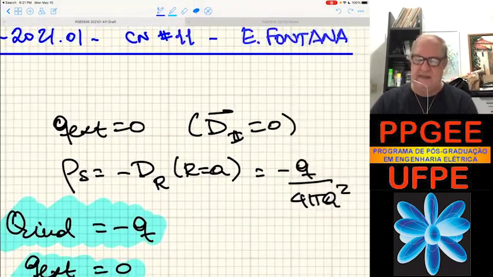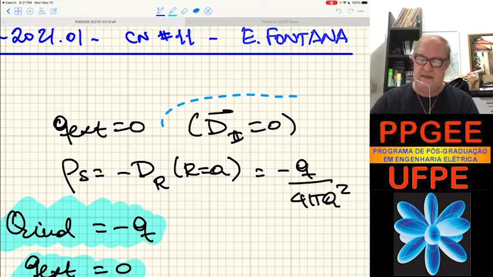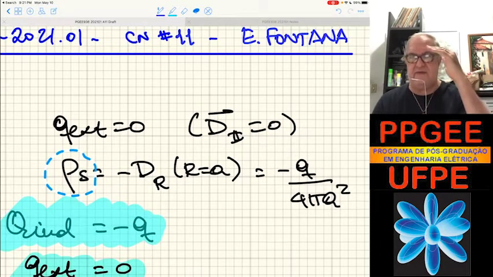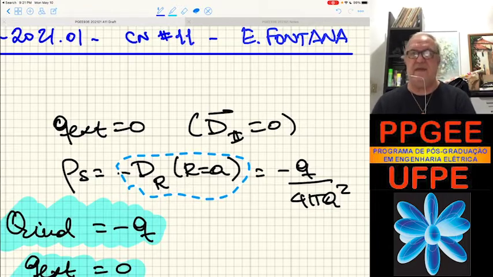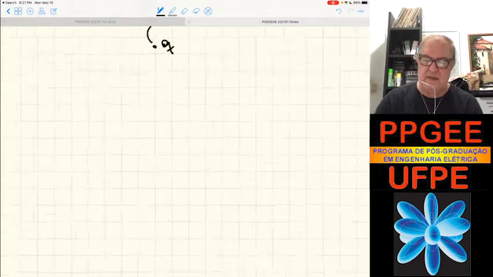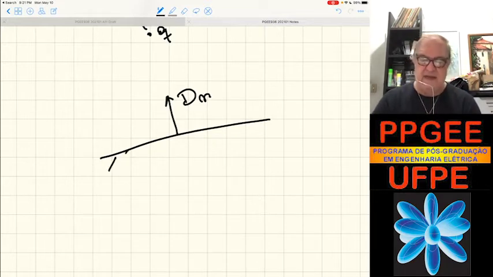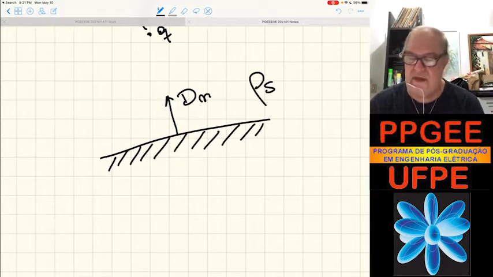So outside, the external charge is 0, no field outside. And inside, the charge density on the inner surface of the shell is minus the normal component of D. That's a boundary condition, right? So the boundary condition on a conductor specifies that if you have the normal pointing outside of the conductor, the surface charge density is D dot n.